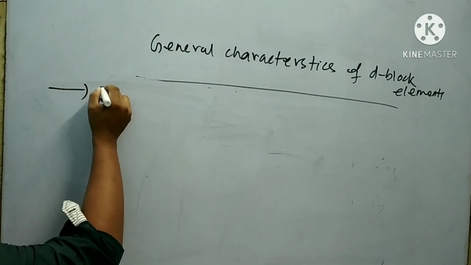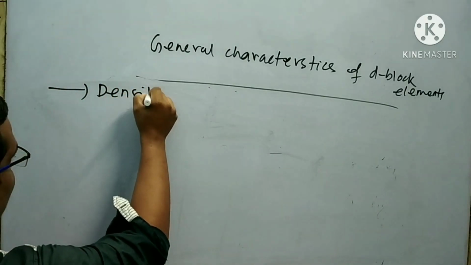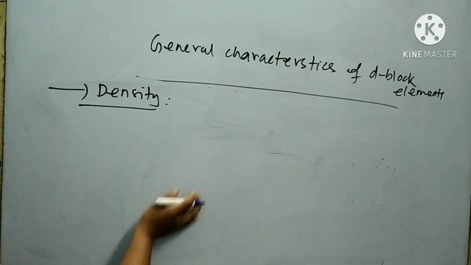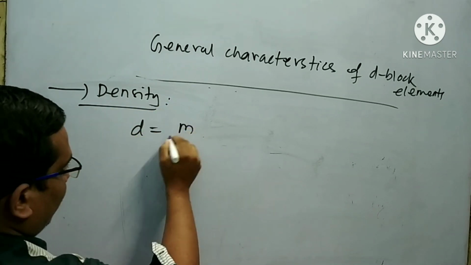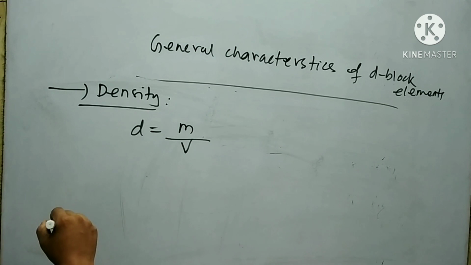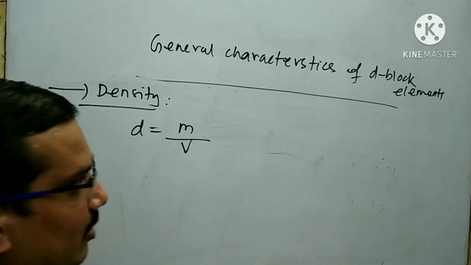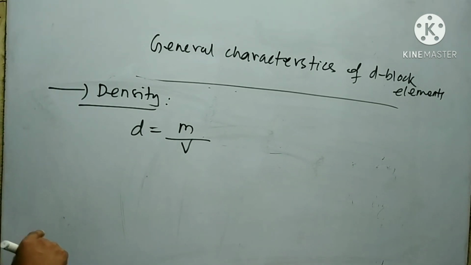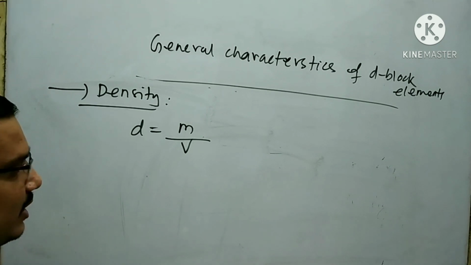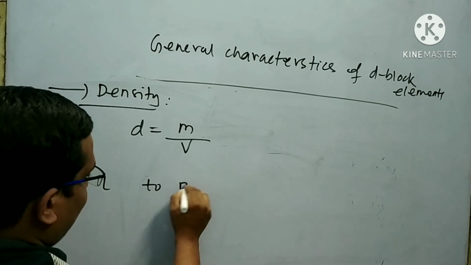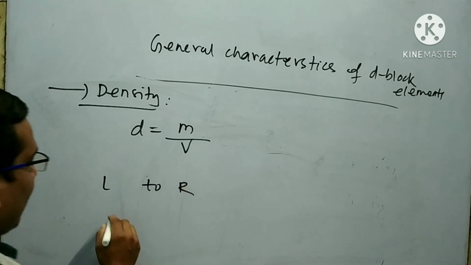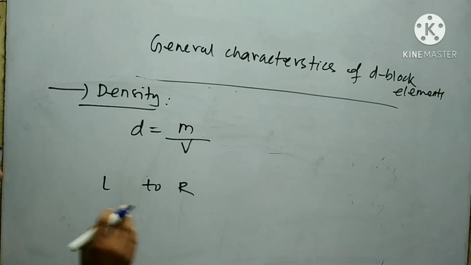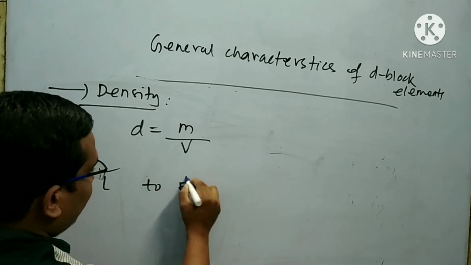Next characteristic is density. We know that density D is equal to mass by volume. In a transition series, the atomic radius goes on decreasing from left to right. That's why the atomic volume also decreases from left to right.